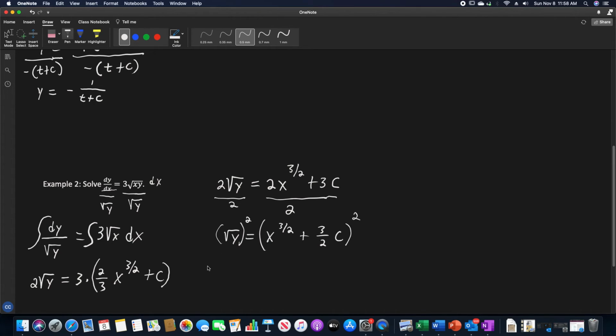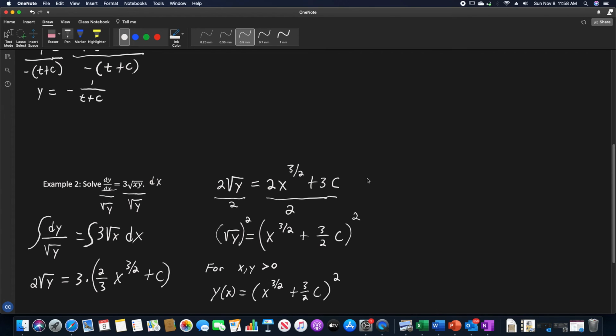If we have x and y both being positive, this is going to be y of x is equal to x to the 3/2 power plus 3/2 c, squared, as you would expect.